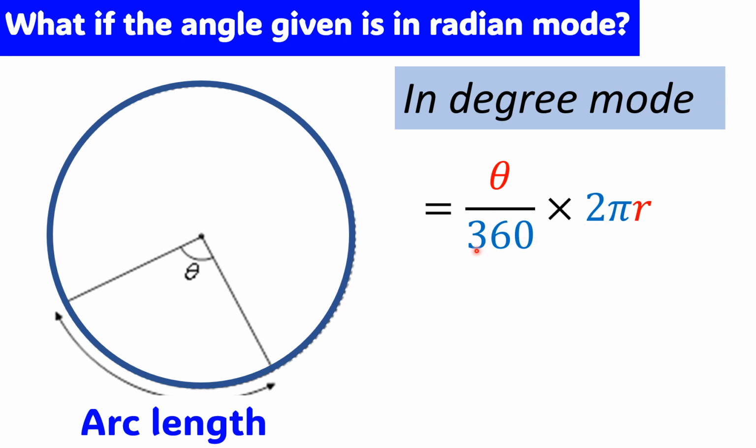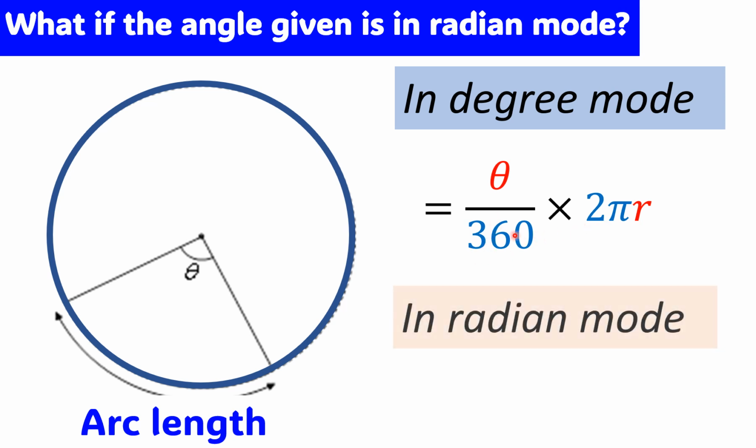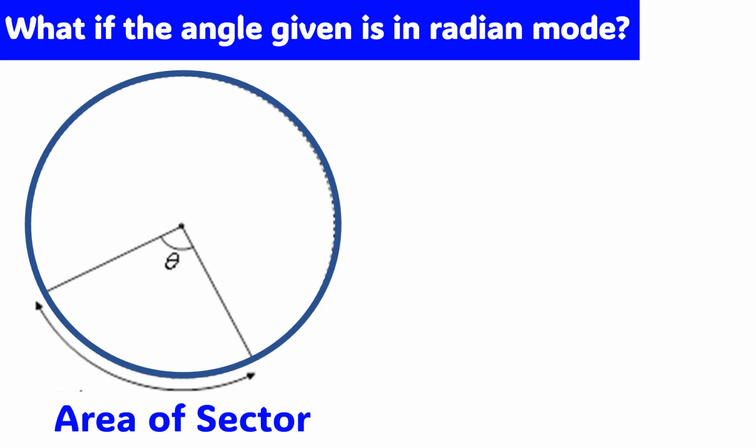Which means if I want to find arc length in radian mode, I can simply cancel away the 360 and the 2 pi, and hence this is how we derive the formula in radian mode to find arc length. On a similar note, I can also find the area of a sector given the radian mode.